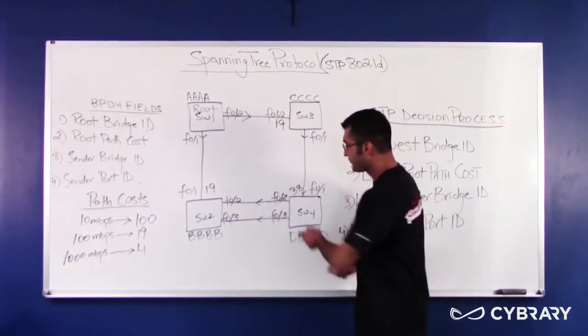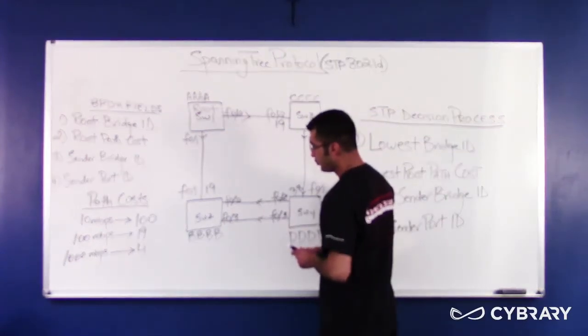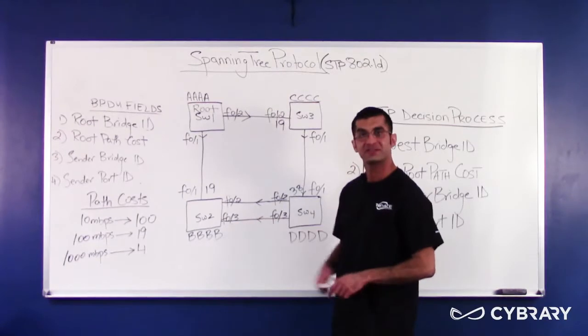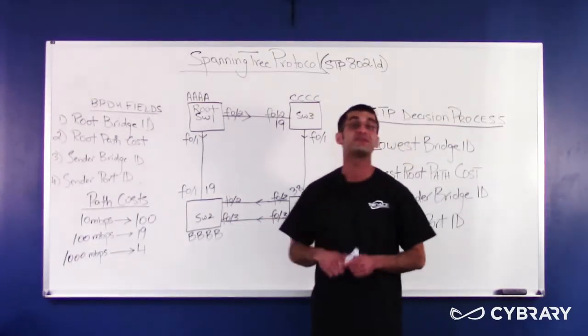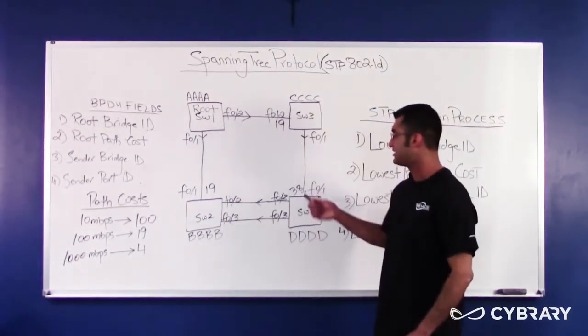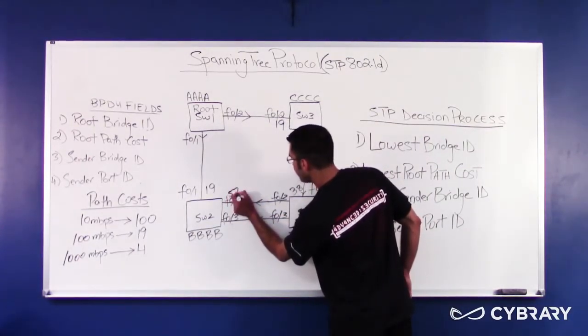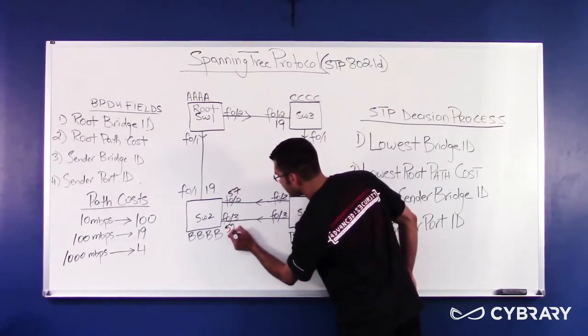It's the same BPDU, nothing else has changed except the sender port ID field inside of the BPDU. This BPDU traverses this link and enters switch 2 port F0/2 and switch 2 port F0/3, and the cost is incremented by 19 again. So 38 plus 19 is 57. 57 here and 57 over here.